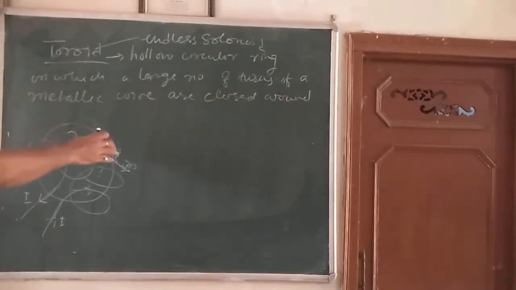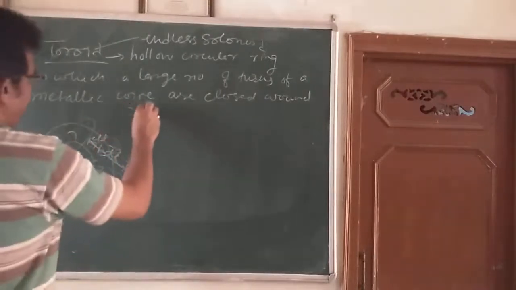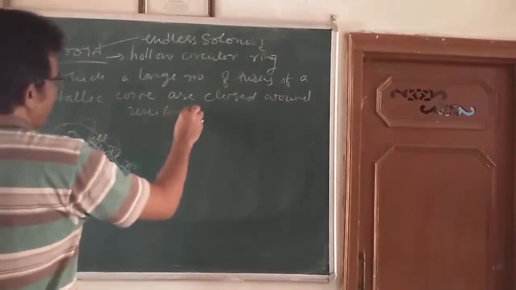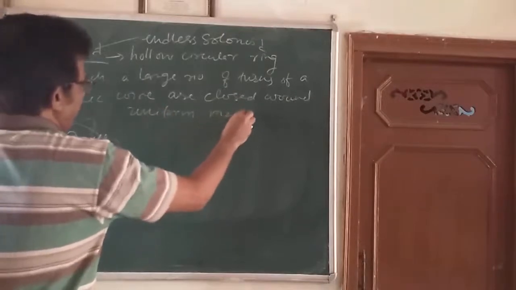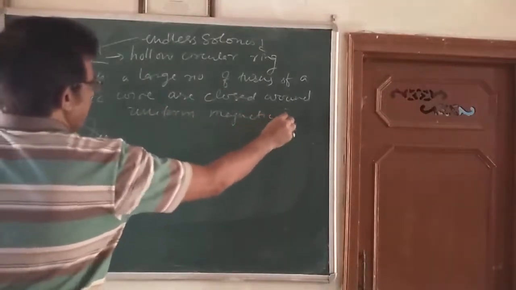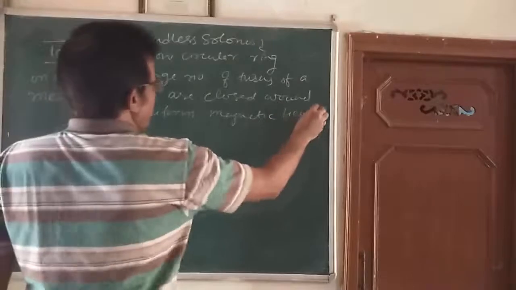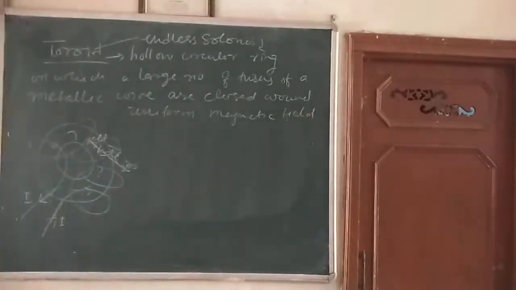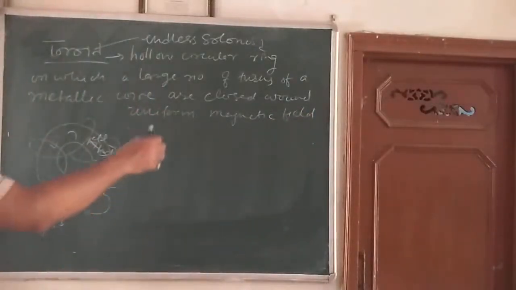The toroid is used to create an almost uniform magnetic field. So if you want to create a uniform magnetic field, then you use a toroid.